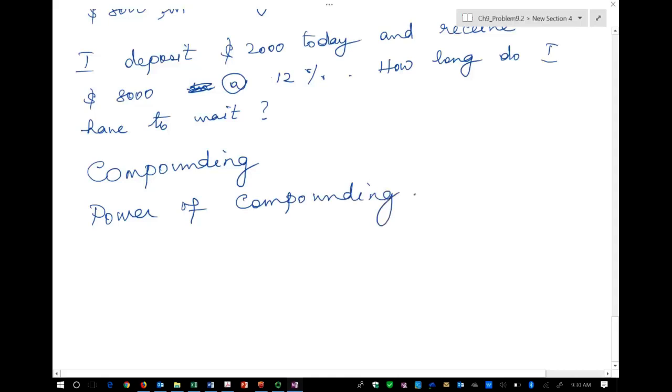So let us take an example of the power of compounding. Many people in this country, if you have been paying attention to how people plan their retirement, many Americans are not retirement ready.